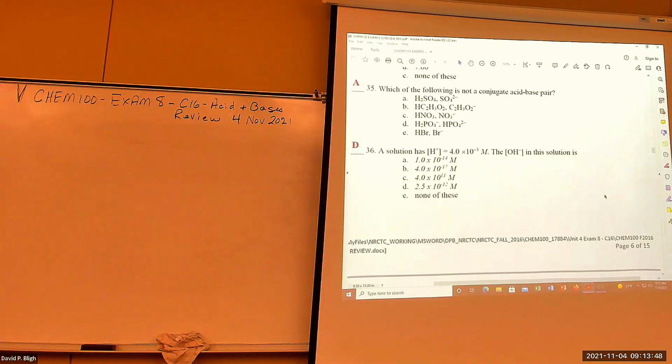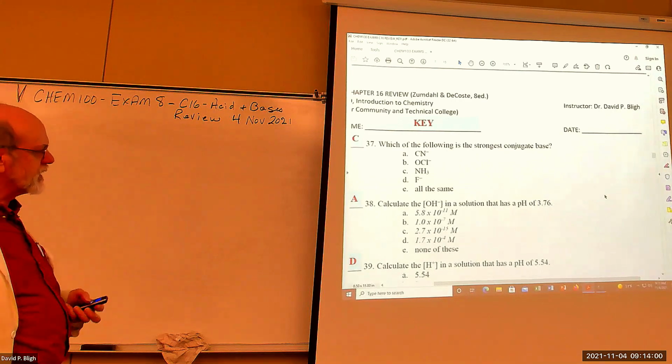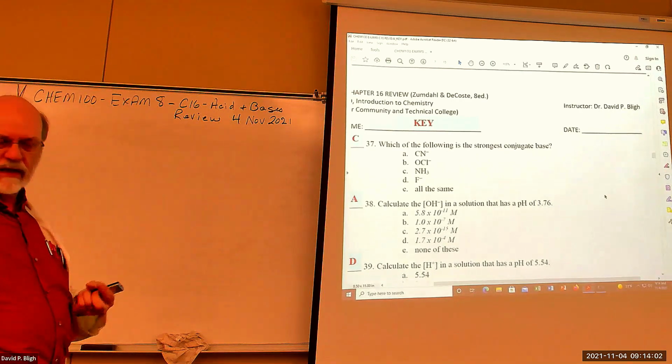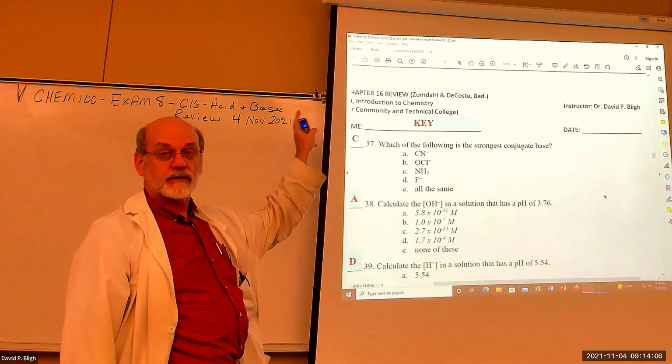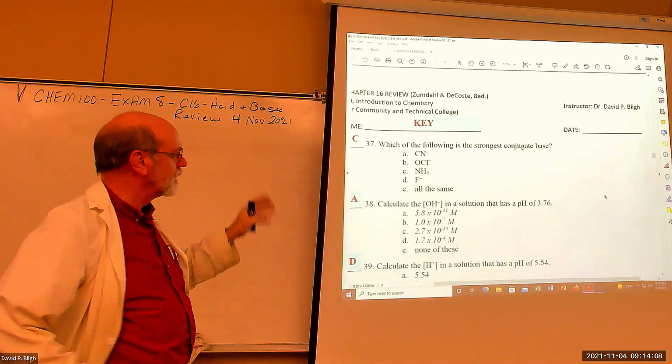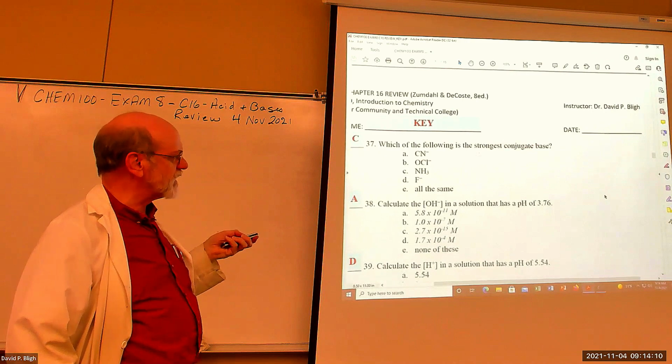How about, let's see. I was going to do 37, but we already discussed 37 earlier on. And I incorporated information on this one in, I think, number 3. Which one is the strongest conjugate base?